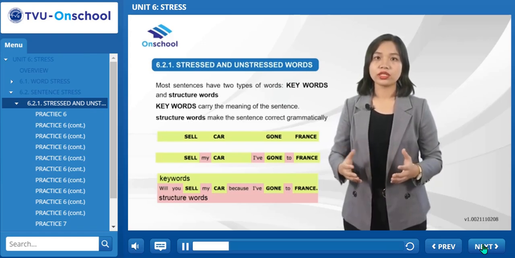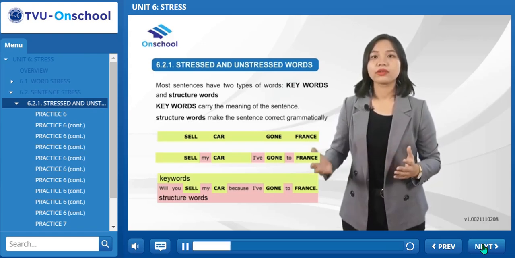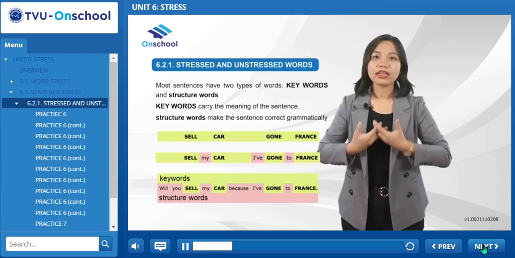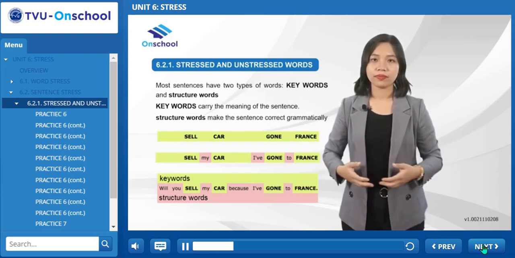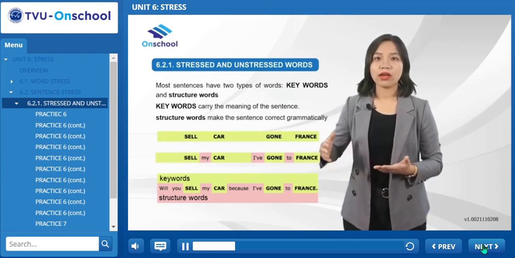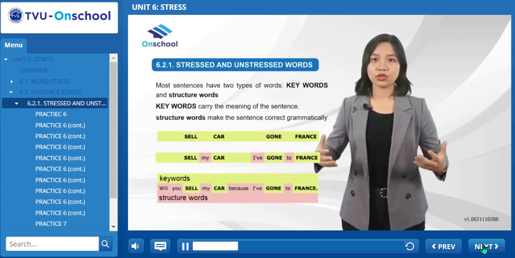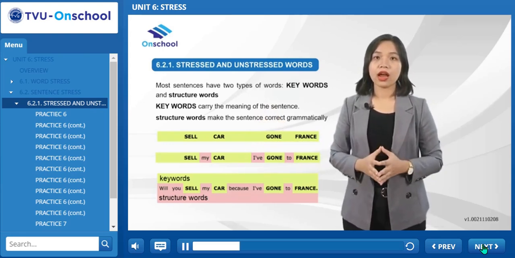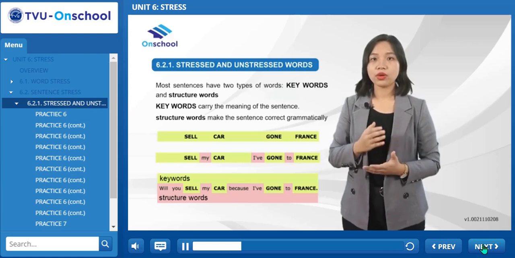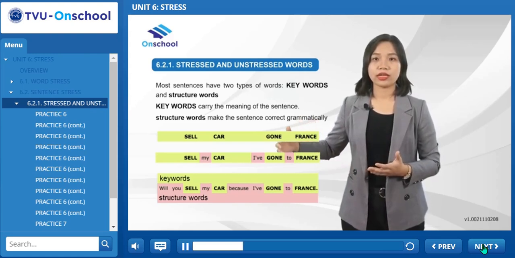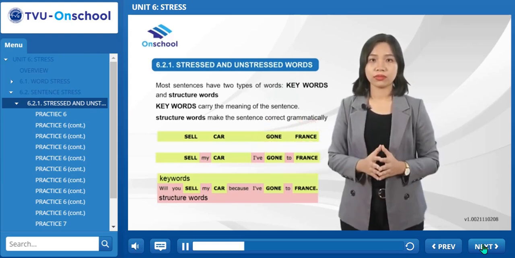The structure words make the sentence correct grammatically and link the keywords together. Sell my car, I've gone to France. So together, we use sell my car because I've gone to France.